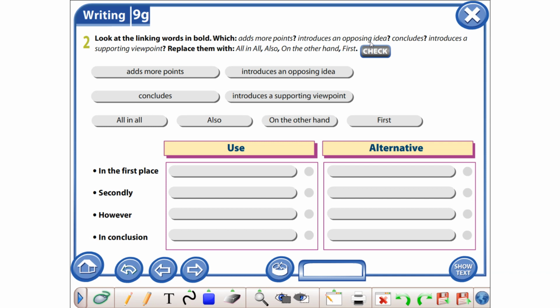Introduced an opposing idea. Concludes. Introduces a supporting viewpoint. Replace them with all in all, also, on the other hand, first.